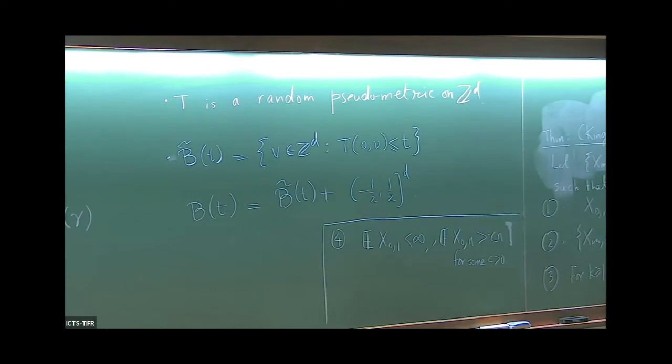So it says that x01 has finite mean and x0n in expectation does not decay to minus infinity at a superlinear speed.